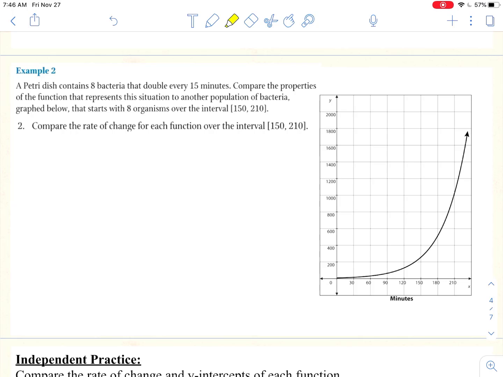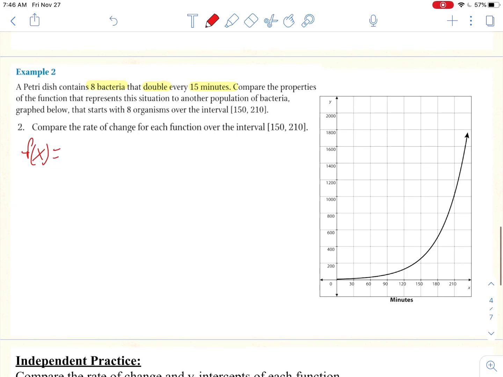We need to go back to our first sentence here in this paragraph. A petri dish contains 8 bacteria. So it started with 8 bacteria. It's doubling every 15 minutes. Looking at this first sentence, we are going to have to develop an exponential function from this. Because it's doubling every 15 minutes, that every 15 minutes is our interval over time.